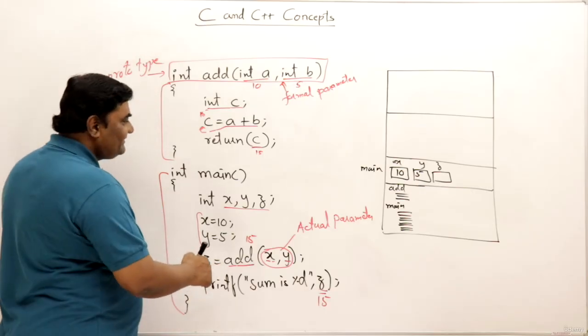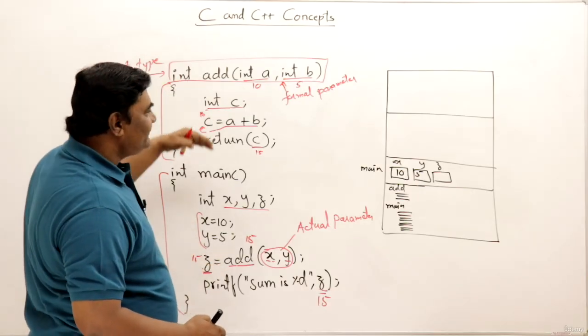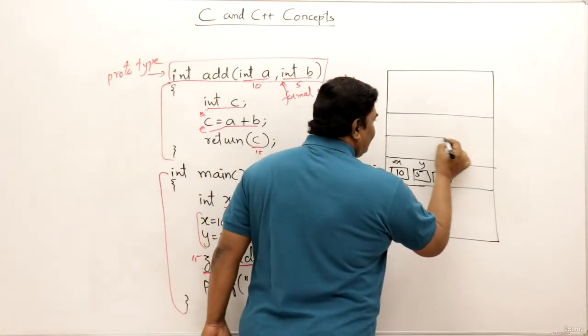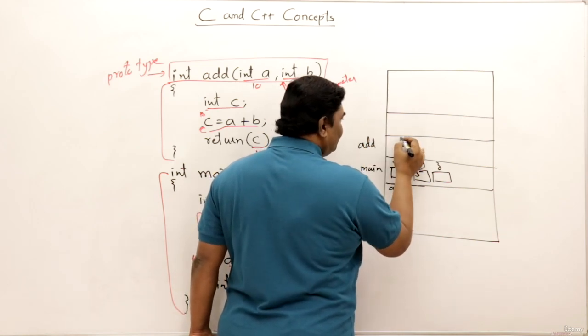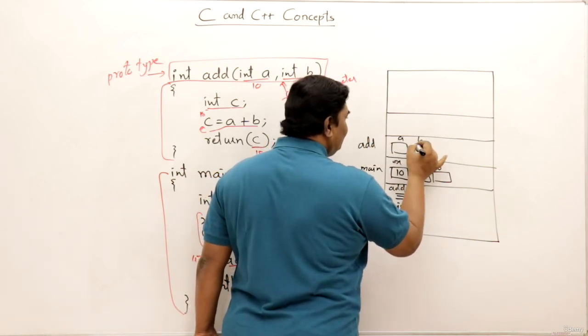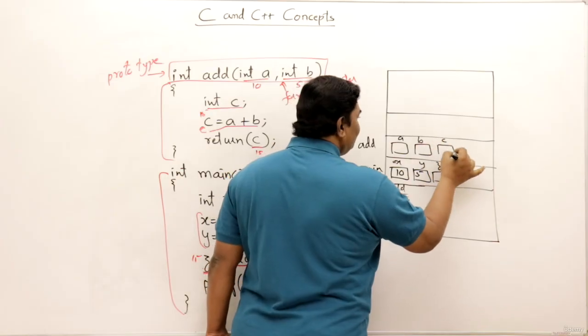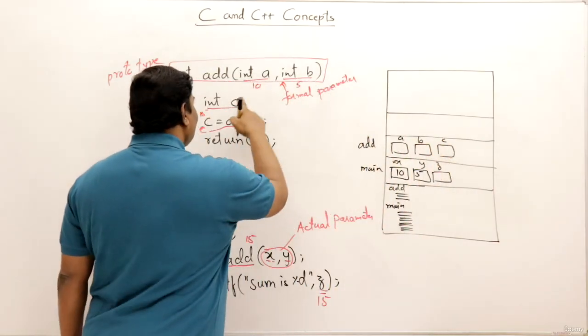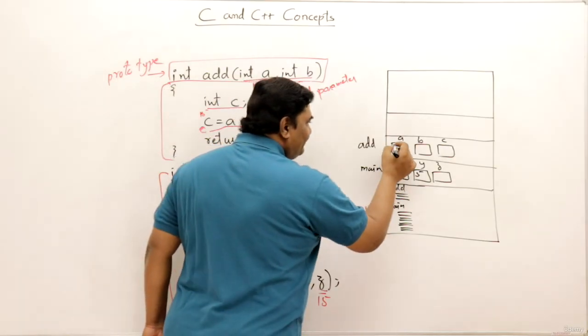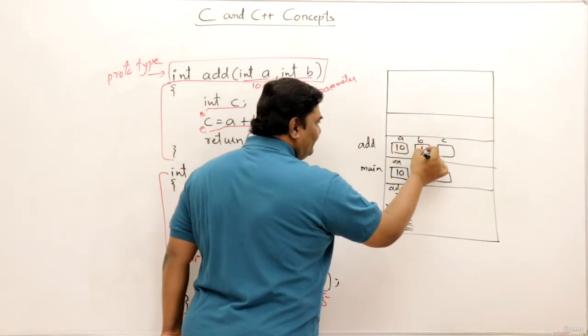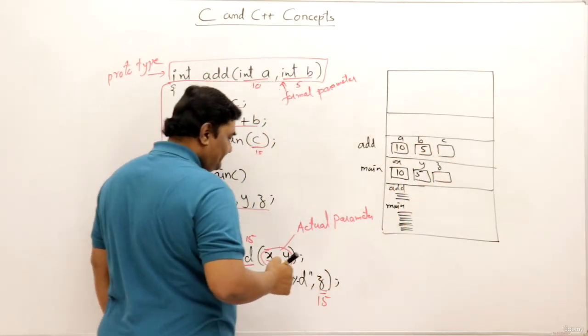Then function add is called. Once the function add is called, its own activation record or stack frame is created, and it will have its own variables that are a, b, and c. These two parameters and a local variable. Now the value of x, that is 10, is passed here, and the value of y is passed here.